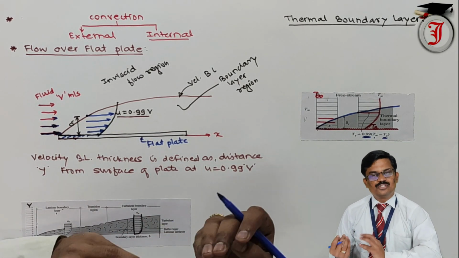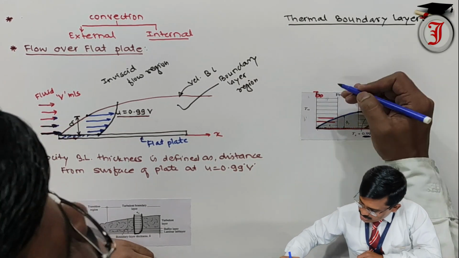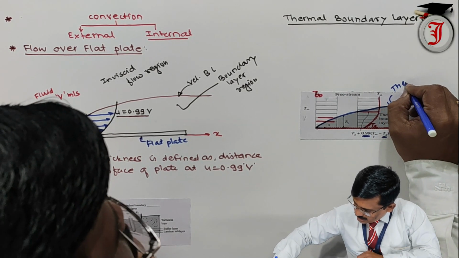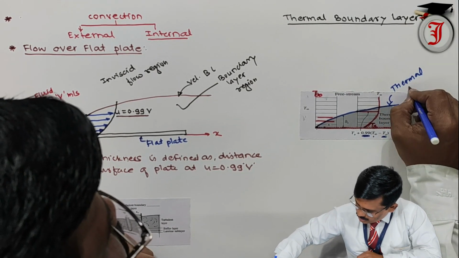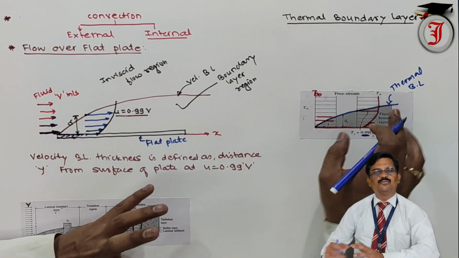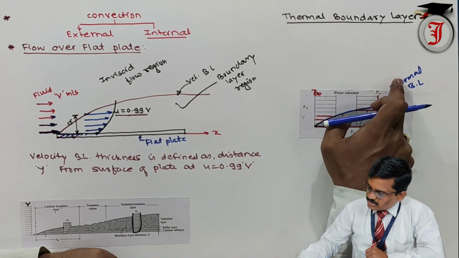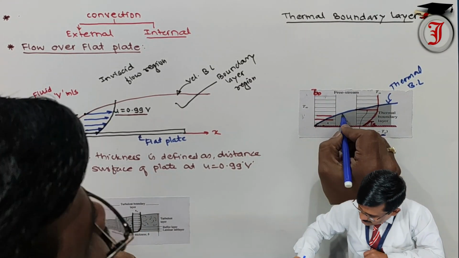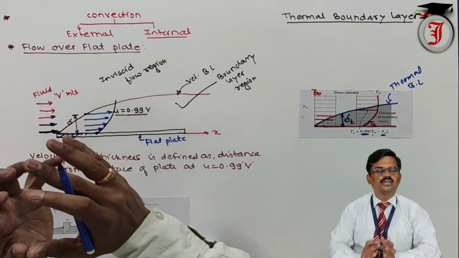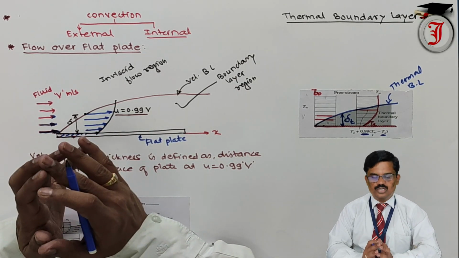Beyond this thermal boundary layer there is no significant effect of the plate. This delta T is called the thermal boundary layer thickness.